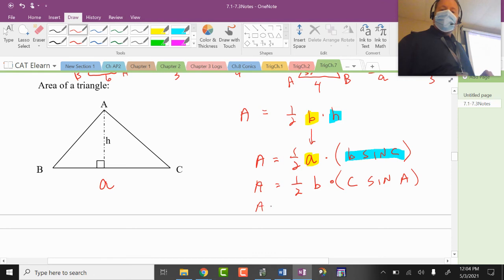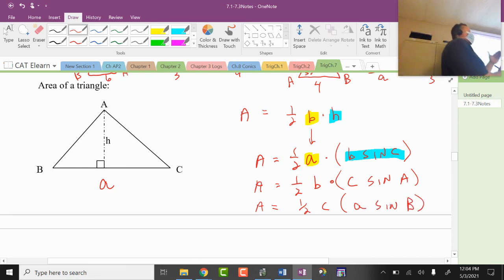And then one more for this, if I flip it around and make C the base, then it's 1/2 C. I want to make sure I have this right here. A sine of B. And really what that is is side angle side in every single case.